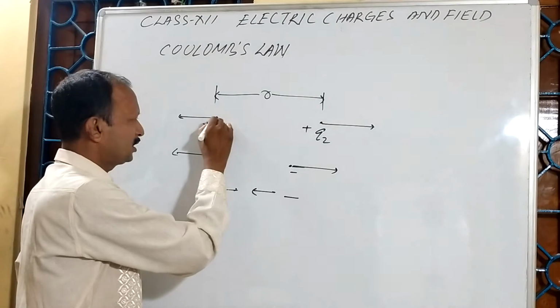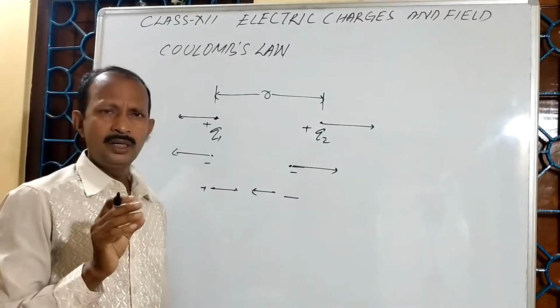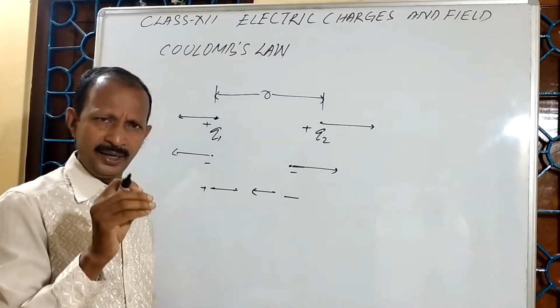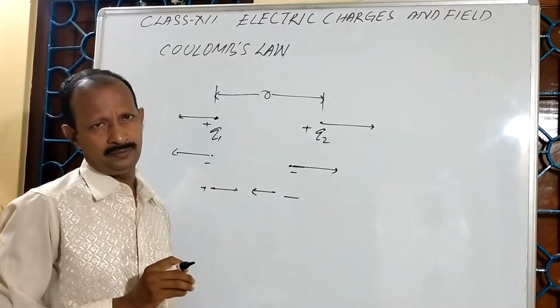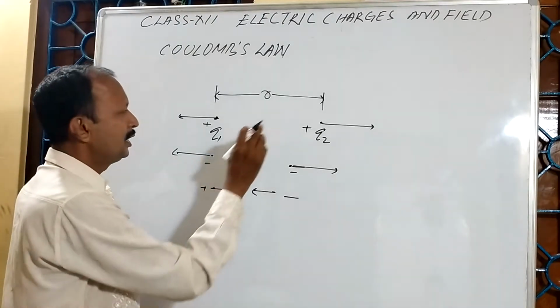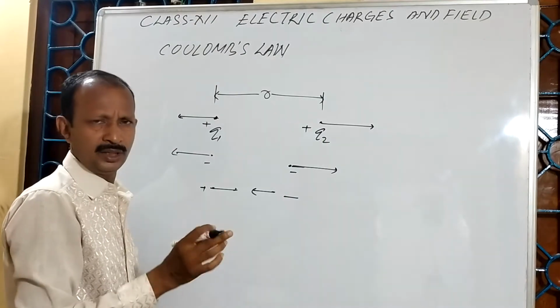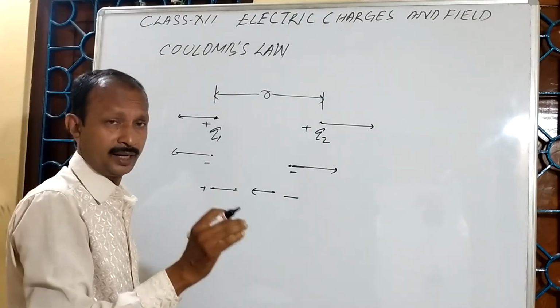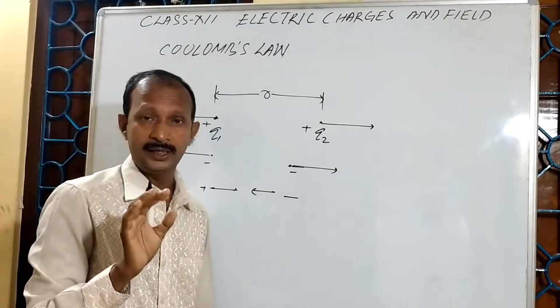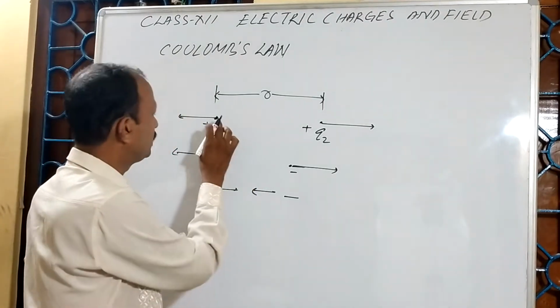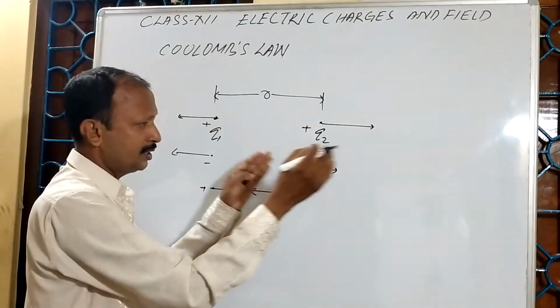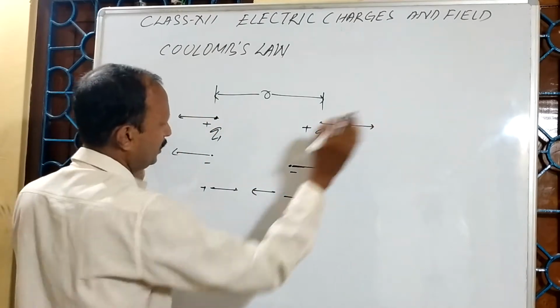This is a point charge, and a force is exerted by this charge. Here is another point charge. Here also there is a force surrounding these charged particles, no doubt at all. These two charges are similar charges, that's why the direction is like this.